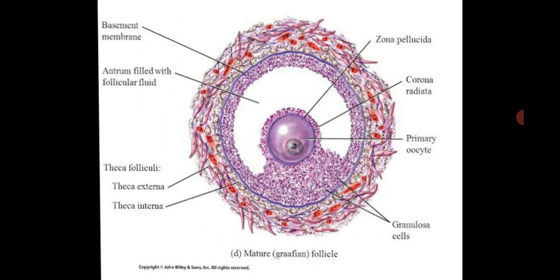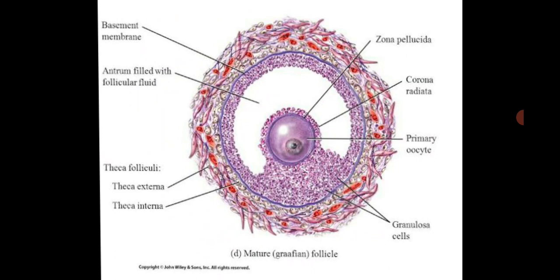Outer to this secondary oocyte is a zona pellucida layer, which is a more or less transparent layer, and then a layer of membrana granulosa cells, here known as corona radiata because of the radial appearance of the structures, which are the feeding canals from the membrana granulosa cells to the secondary oocyte. A very conspicuous fluid-filled cavity is there, known as the antrum.